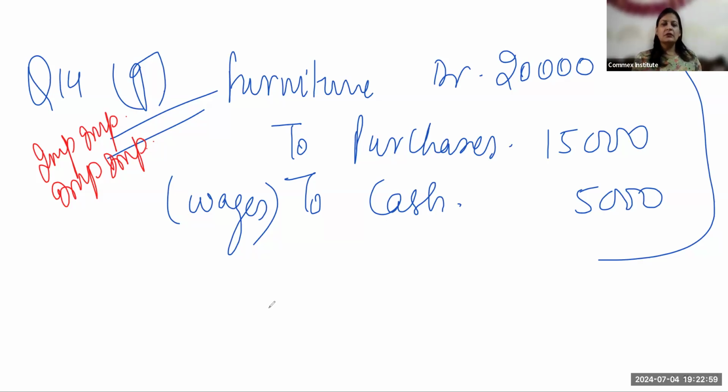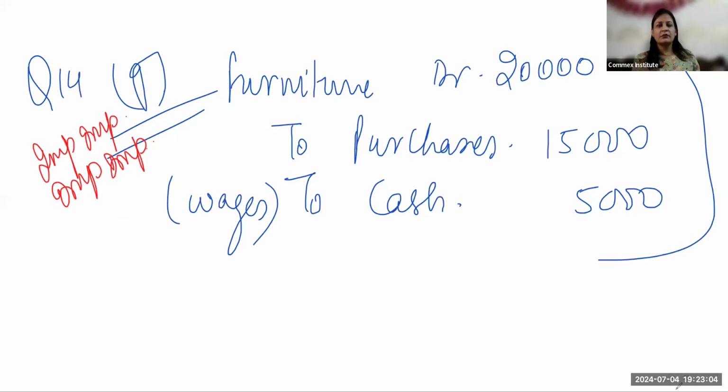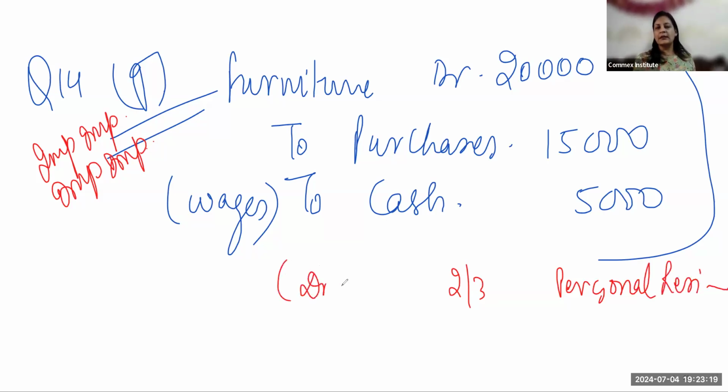Question 15G, which one was 15G? Okay, so we paid rent, no? 2/3 was for personal residence. So what we pay for personal residence, that is drawings. And the remaining 1/3 we are paying for office purpose, no?